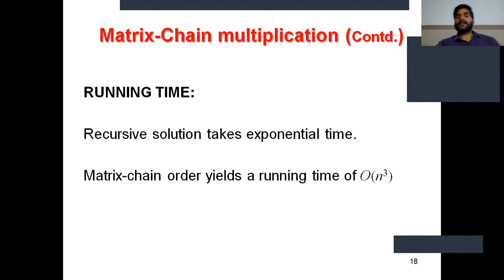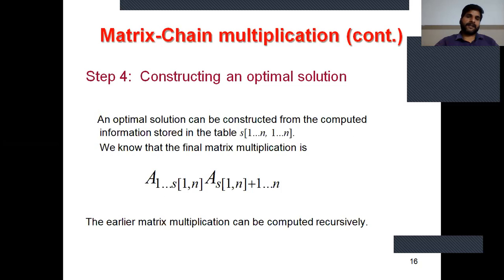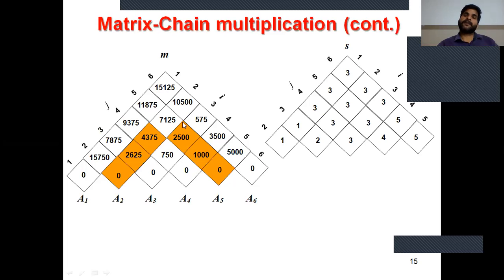In this matrix chain multiplication, the calculation of the M matrix and S matrix is very important. Each M entry is assigned the least value, and the corresponding value of k is assigned in S[i,j]. For example, M[2,5], with i equal to 2, j equal to 5.